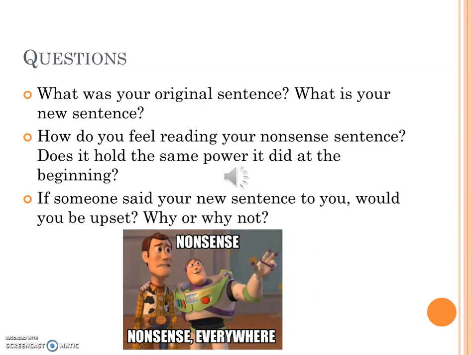And then last, if someone were to say this new sentence to you, would you be upset? And then why or why not? Again, same basic idea. Hopefully it's lost its power because it no longer has that meaning that we give to it, even though it's made up of the same letters.